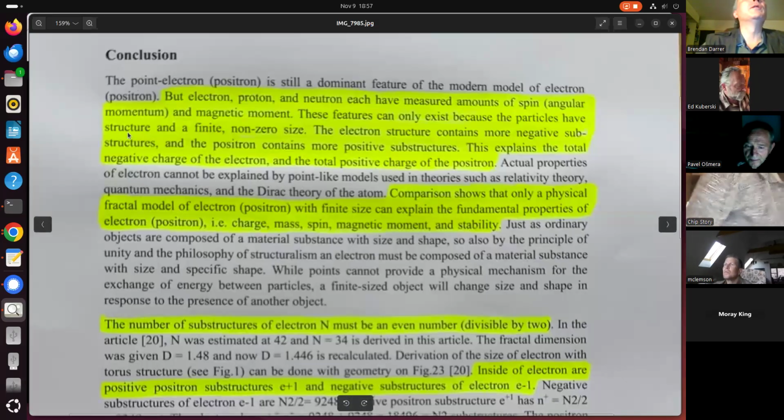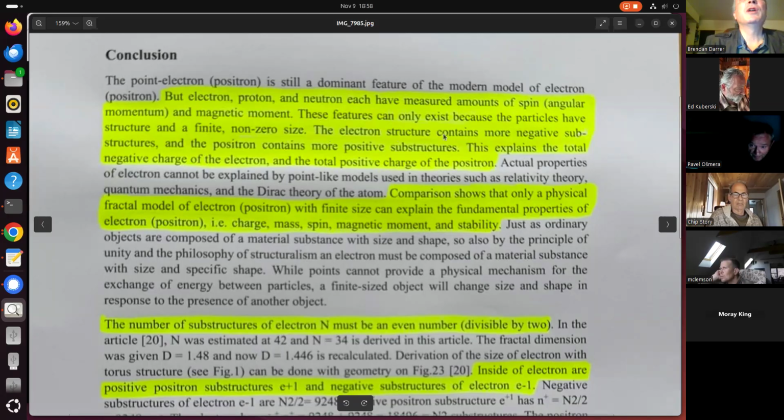Okay, go ahead. Conclusion. The point electron-positron is still a dominant feature of the modern model of the electron-positron. But electron, proton, and neutron each have measured amounts of spin, angular momentum, and a magnetic moment. These features can only exist because the particles have structure and a finite non-zero size.